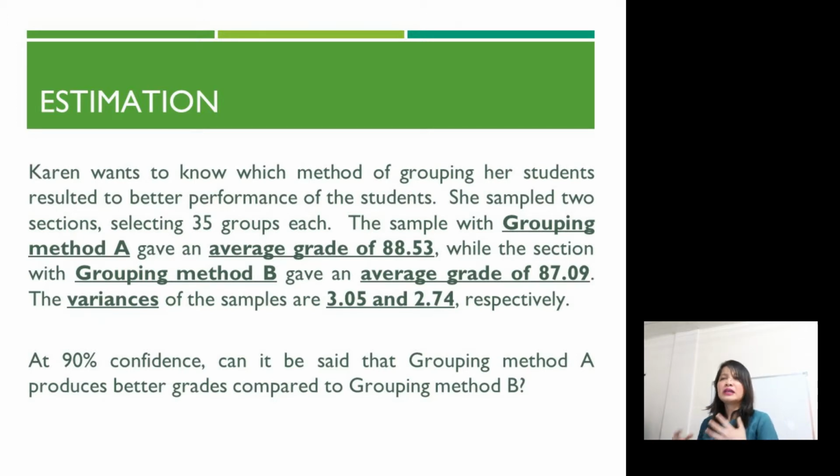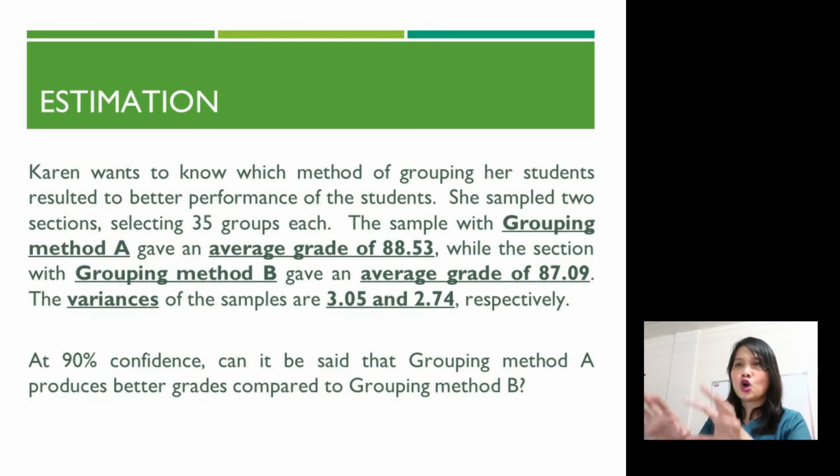When we say 90% confidence, meaning you are 90% confident that grouping method A produces better grades than grouping method B. Do you think A produces better grades than B? Can anyone answer it before we proceed?